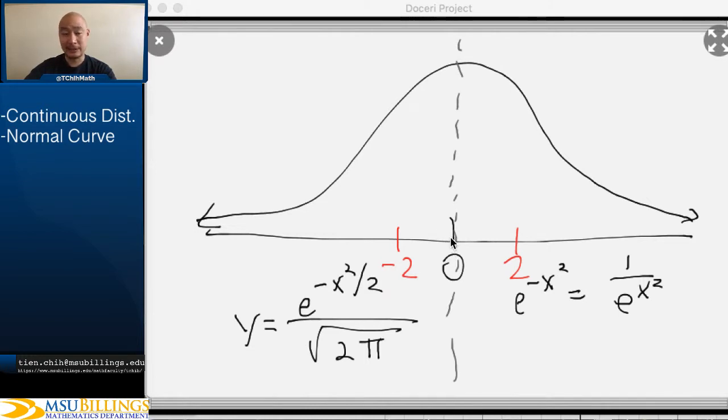There's an average value right in the middle. The values that are close to the average are more likely, and the values that are away from the average are less likely. So if I wanted to say, for example, again, remember, areas and probabilities mean the same thing now, right? If I want to ask, what's the probability that something ends up between 0 and 2?